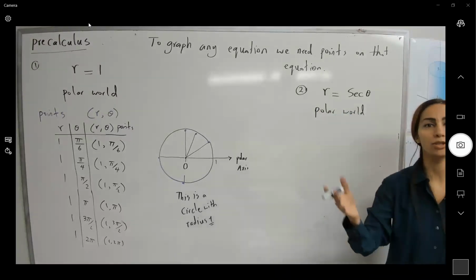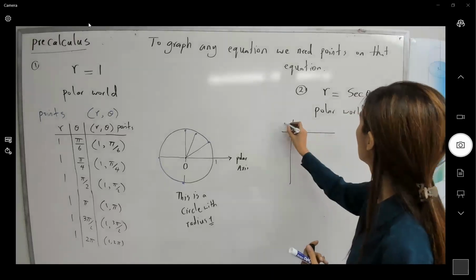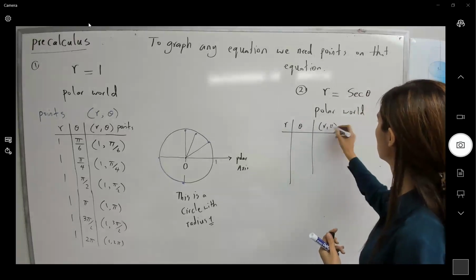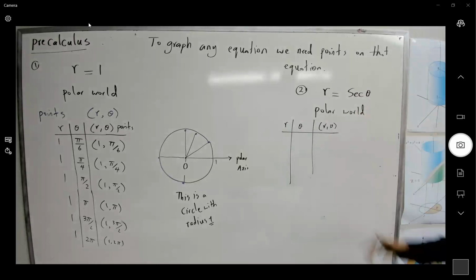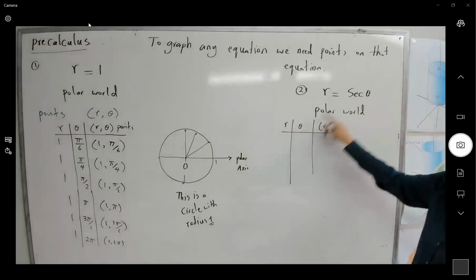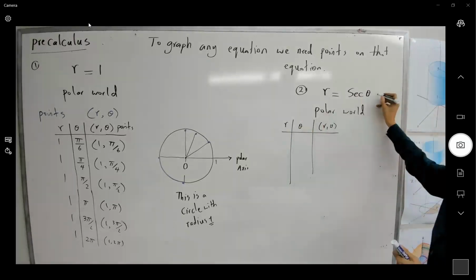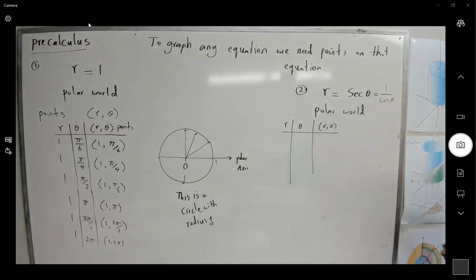You need some points. So let's see. The point r and theta, we need to plug these points. What is r? Well, r depends on theta. So let me plug some values for my theta. This guy is equal to 1 over cosine theta.